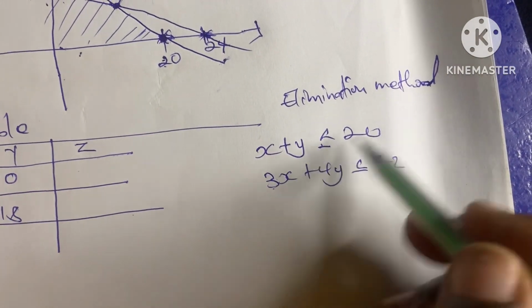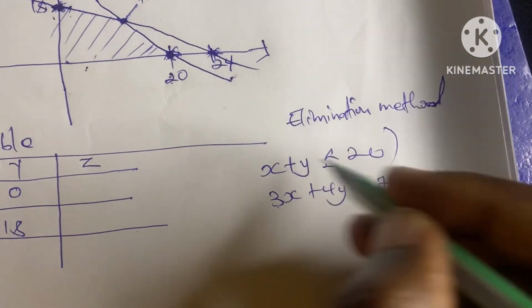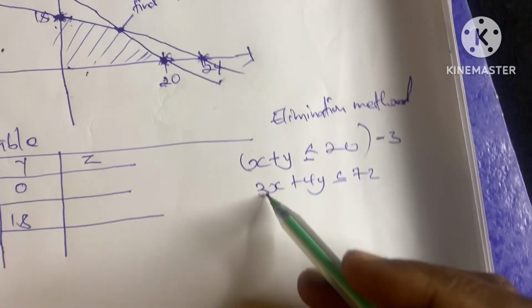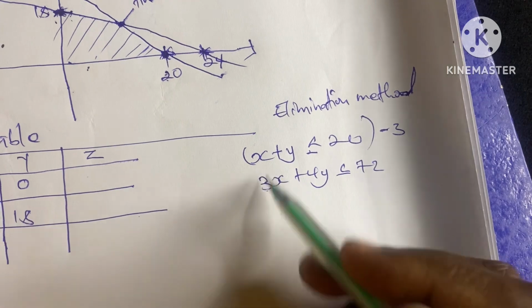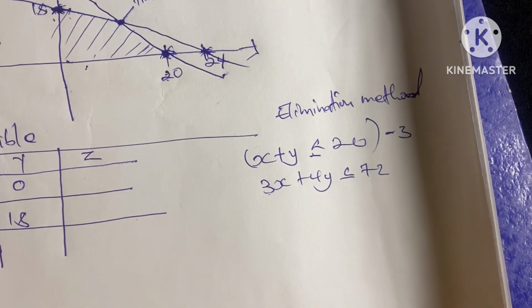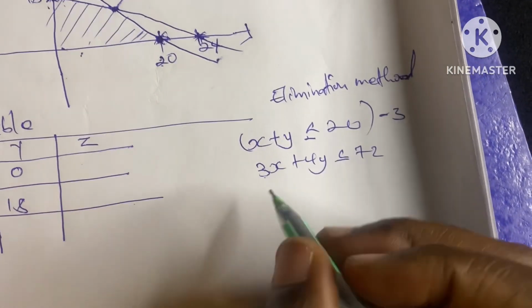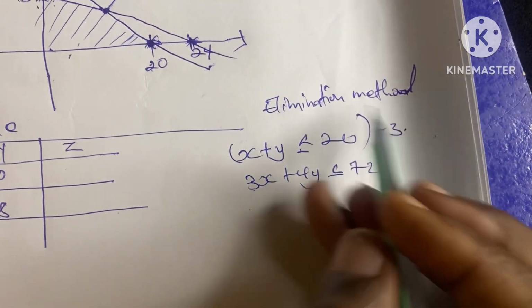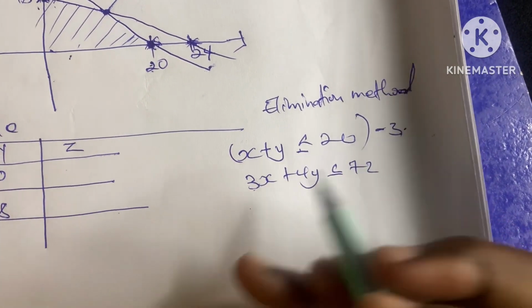So we are going to multiply this whole equation by -3 so that it can cancel out with this 3 and we remain with only y. So we multiply this whole equation by -3.